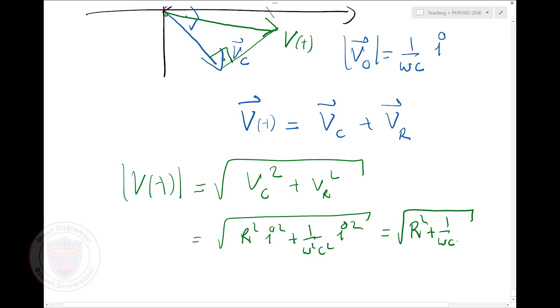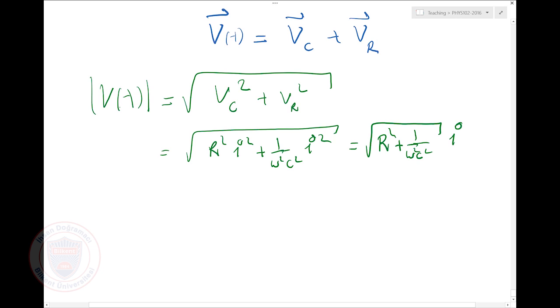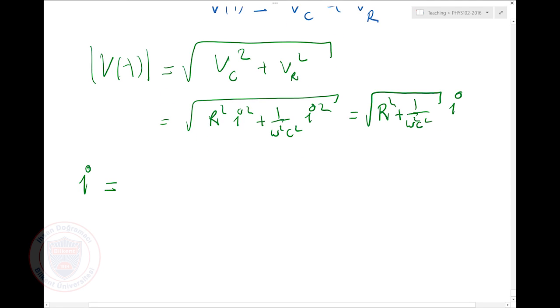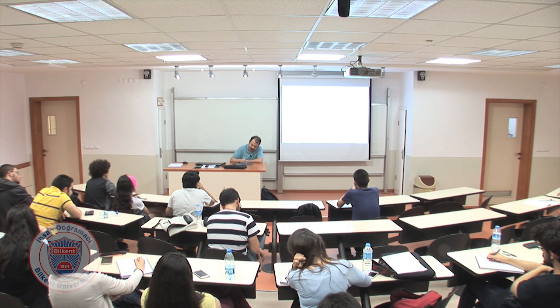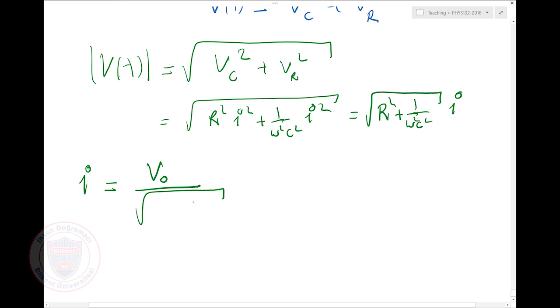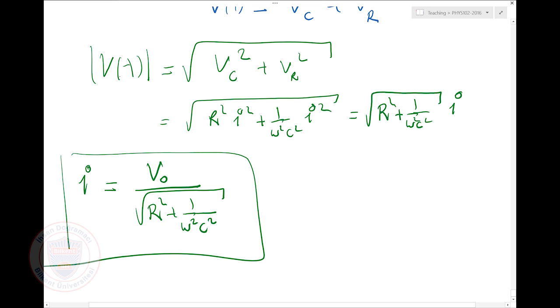So this is going to be the square root of R squared plus 1 over omega C squared, times I. Or in other words, I actually found the amplitude of the current running through my circuit. What's the amplitude of the current running through my circuit? It's going to be V0 divided by the square root of R squared plus 1 over omega squared C squared.